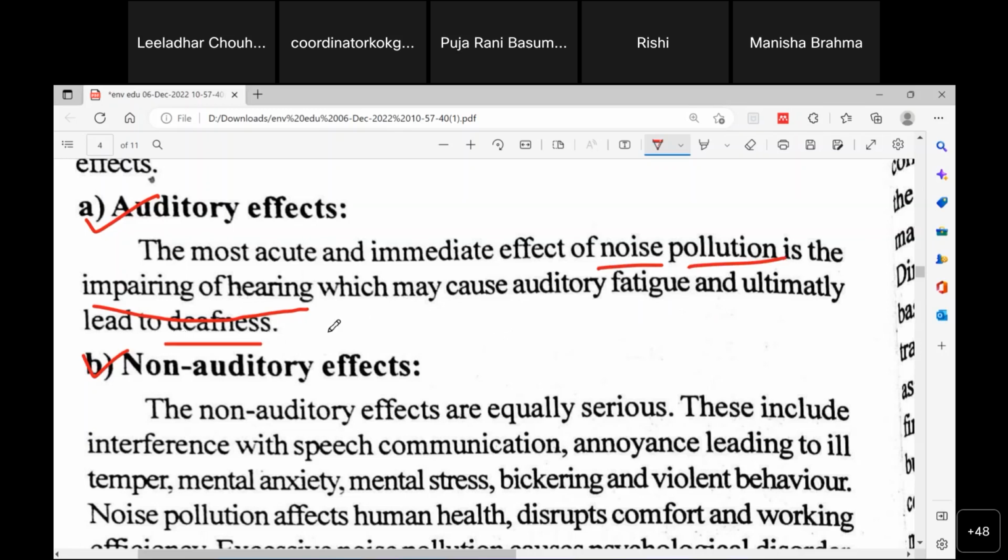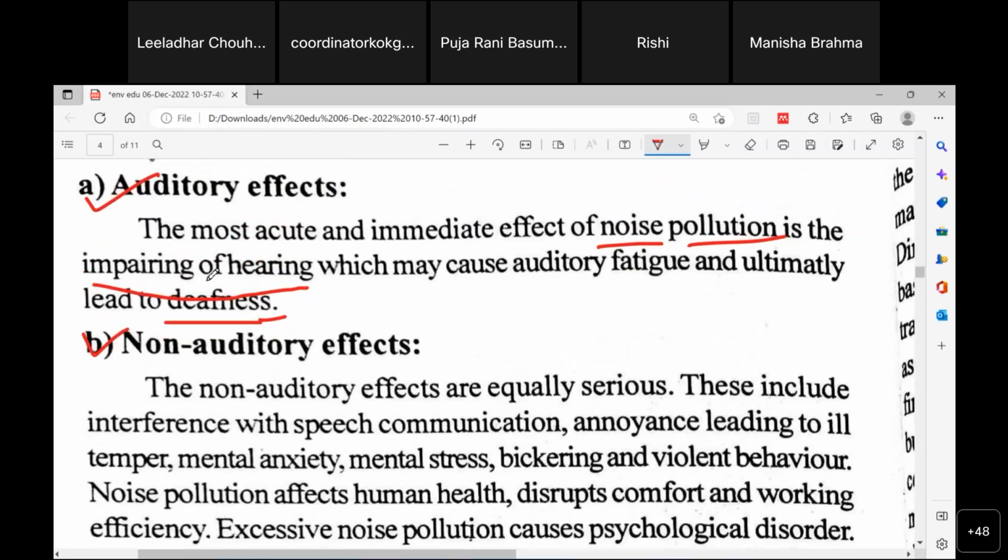So for a person continuously exposed to noise pollution, the ability to hear sound is reduced, the phenomenon is known as auditory fatigue, and finally deafness may happen. That is a serious issue in terms of auditory effect.